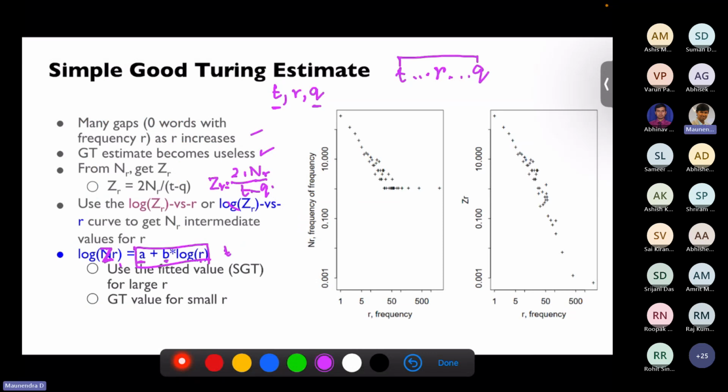So for large R, you use this value. It's called Simple Good-Turing. And when R is small, you use Good-Turing.